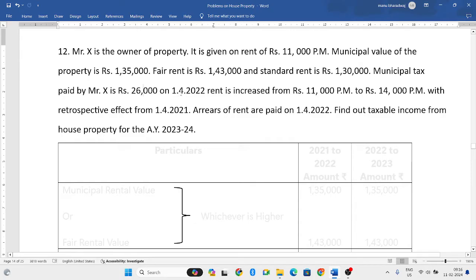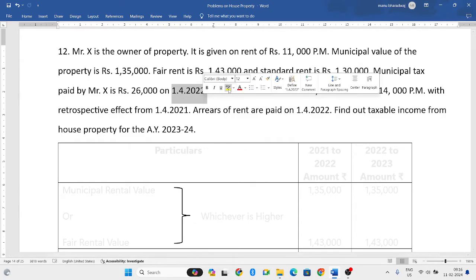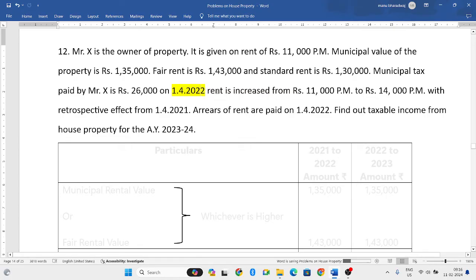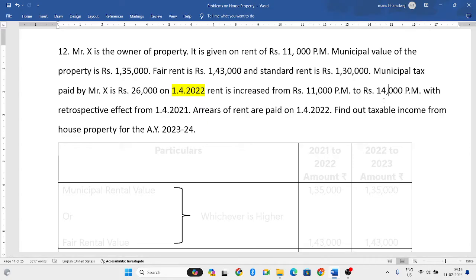On 1/4/2022, that is the starting date of our previous year, rent is increased from 11,000 per month to 14,000 per month, with retrospective effect from 1/4/2021. Retrospective effect means the change applies to the previous year also.